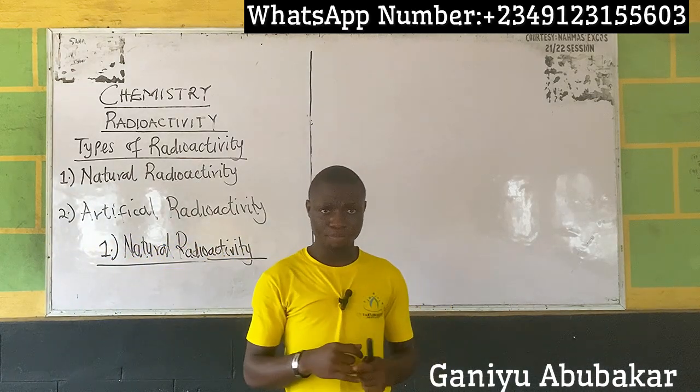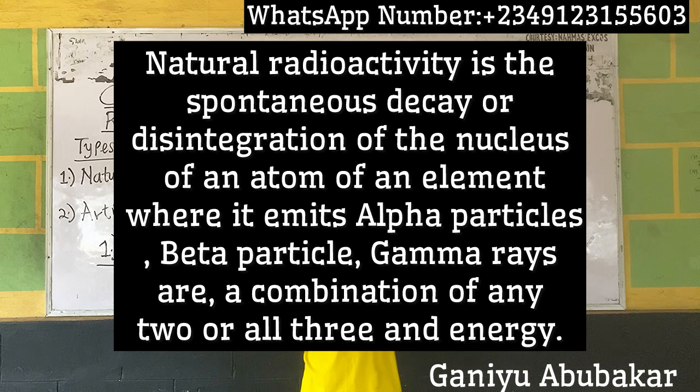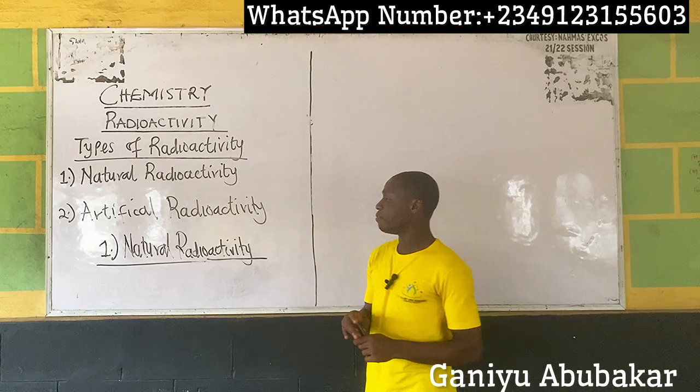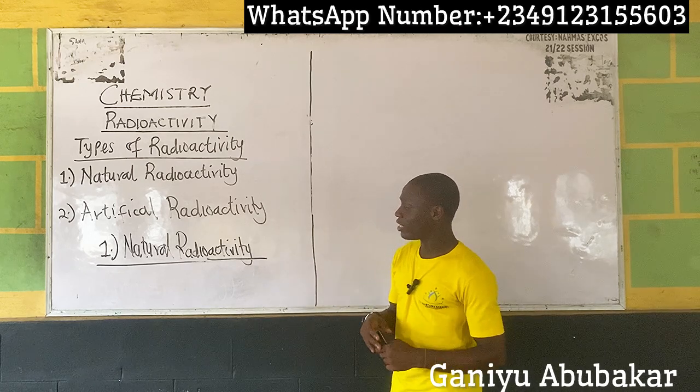By definition, natural radioactivity is spontaneous decay or disintegration of the nucleus of an atom of an element where it emits alpha particle, beta particle, gamma ray, a combination of two or all three, and energy. That's how you define natural radioactivity.